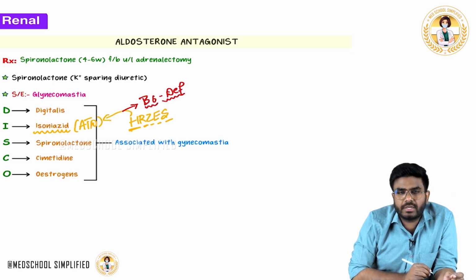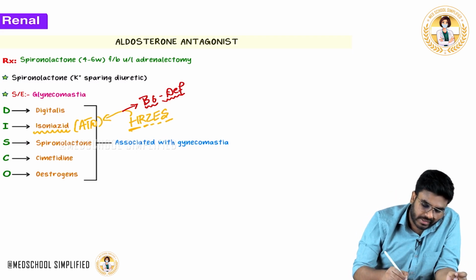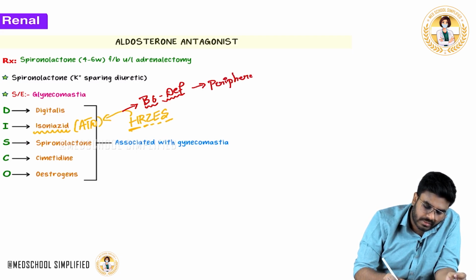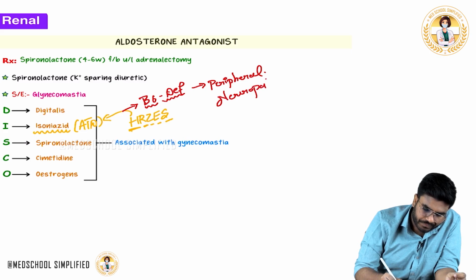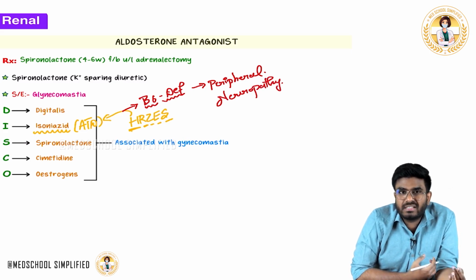So whoever is using these antitubercular drugs must take vitamins, especially vitamin B6. Otherwise, they will develop peripheral neuropathy. That is a very important side effect of the antitubercular drugs. They will have numbness around the lips and a tingling sensation in the fingers. All these are features of peripheral neuropathy.